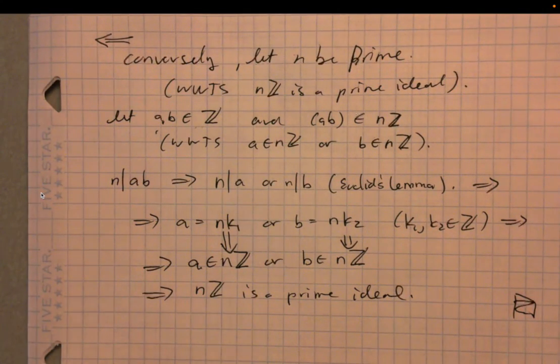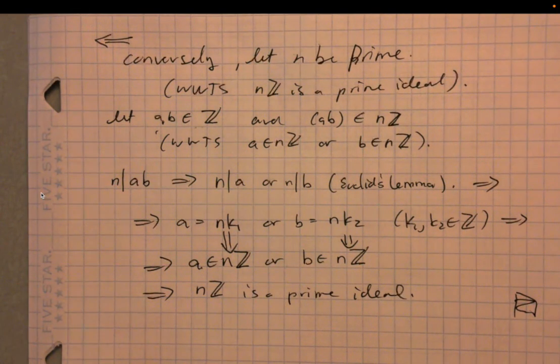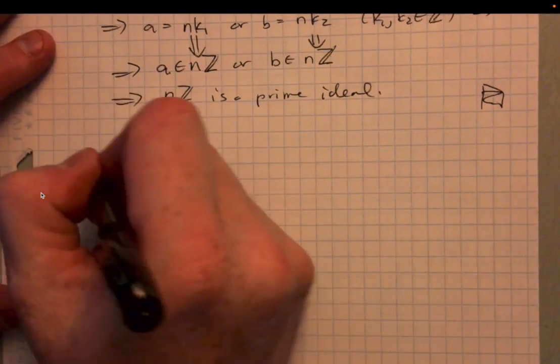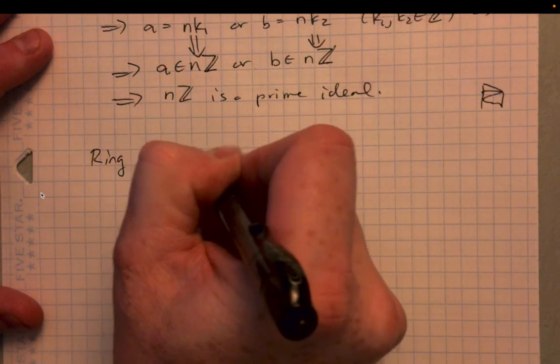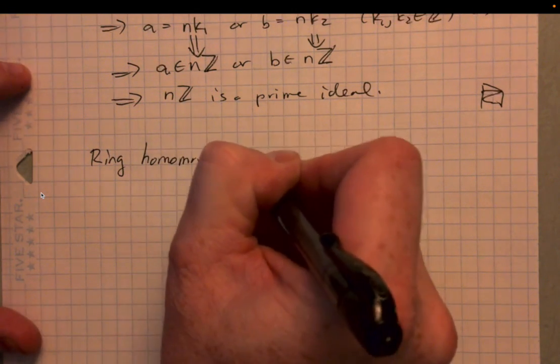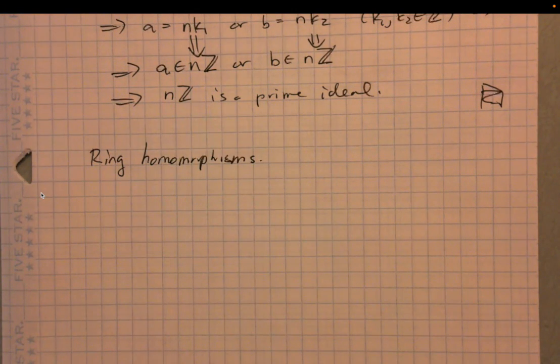That was just an example, wasn't it? Well, that's a proof of the example. I think we'll stop there with this one. Next time we'll get into ring homomorphisms, similar to the idea from group theory, group homomorphisms, but this will be for rings, obviously.